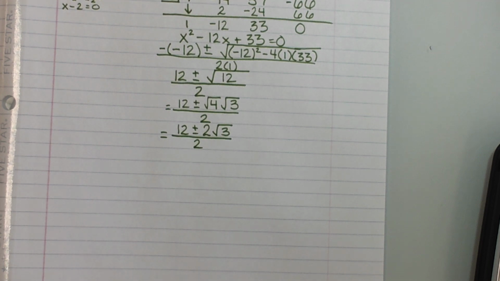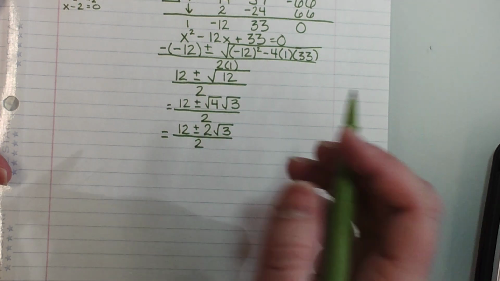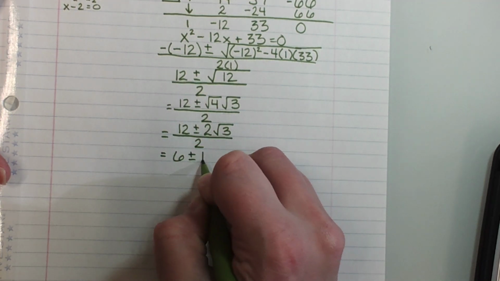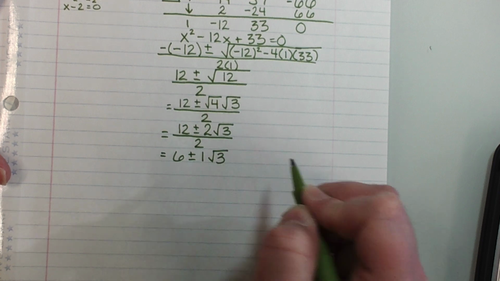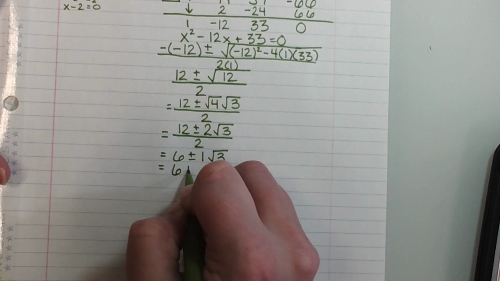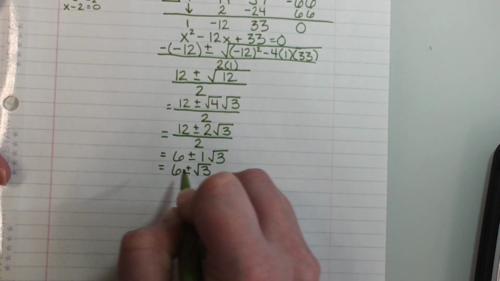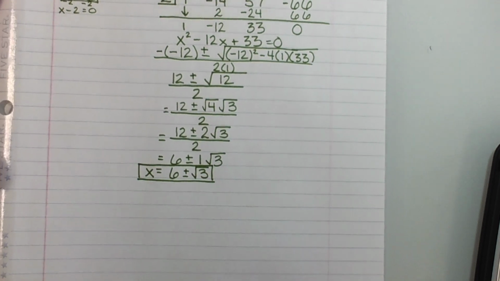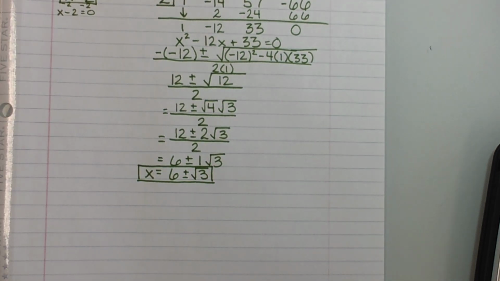Last but not least, can I simplify the fraction? Yes. 12, 2, and 2 all divide by 2. I get 6, 1, and 1, and I don't need the divide by 1, nor do I need the 1 in front of the square root of 3. Those are not like terms, they do not combine.